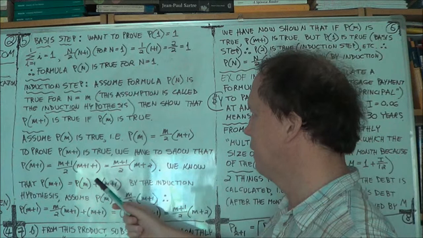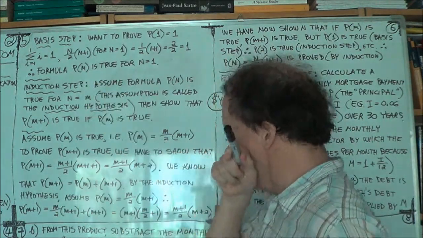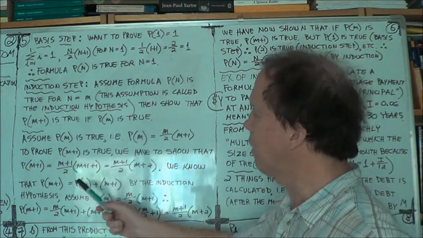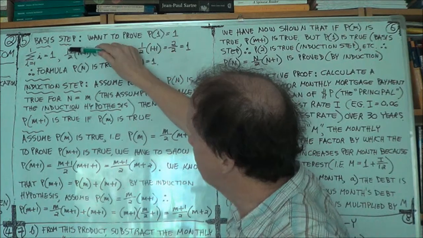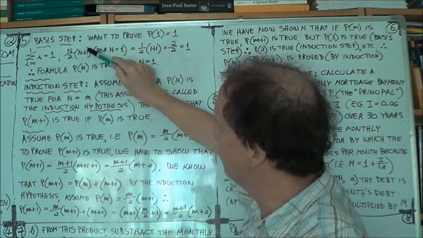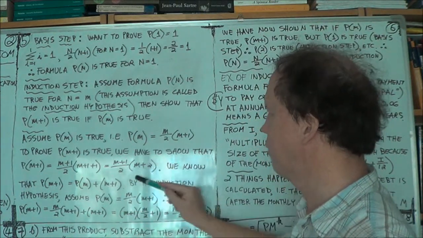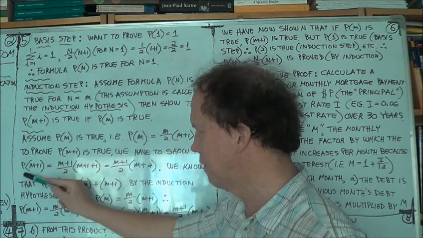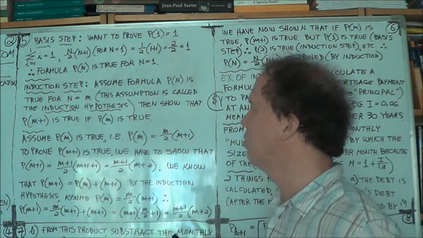Now, what is this according to the formula? Well, instead of m, you put m plus 1. So you'll get m plus 1 over 2 times m plus 1 plus 1, so m plus 2. So this is the formula you should get for this, right? That's what we hope to show is true.